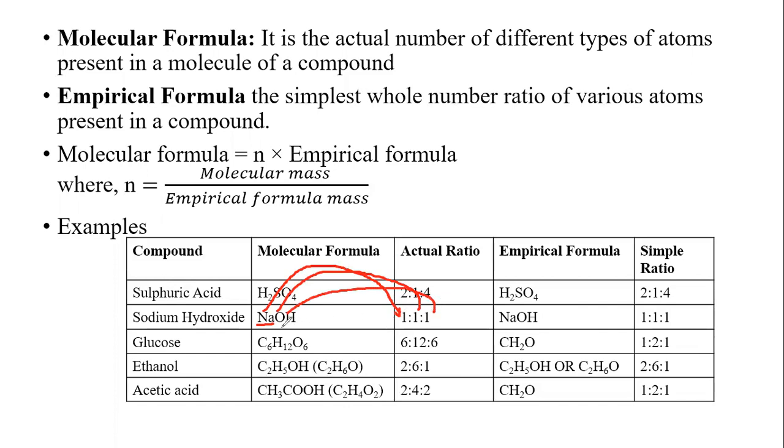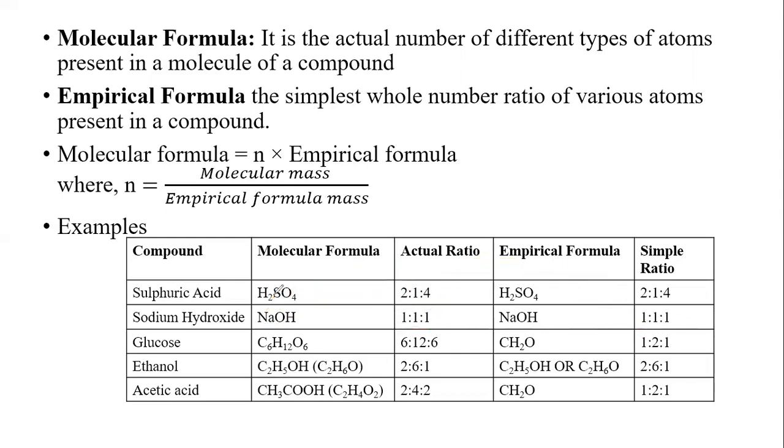The ratio of all the elements in sodium hydroxide is 1:1:1, and this ratio cannot be converted into a simpler form. That means it is itself the simplest ratio. So arranging all the elements, that is sodium, oxygen and hydrogen, in the simplest ratio, we will get sodium hydroxide, which is similar to the molecular formula.